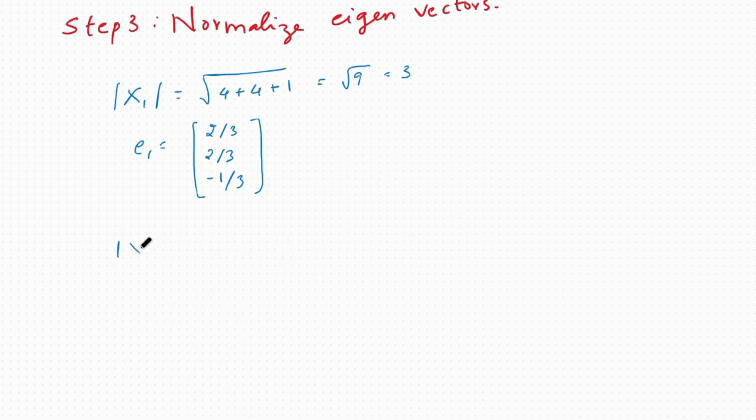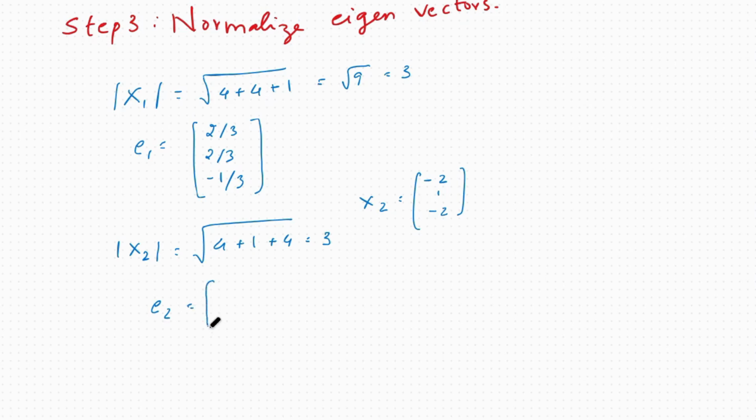Second eigenvector can be found in the same way. Second eigenvector values are x2 is equal to minus 2, 1, minus 2. So minus 2 whole square is 4 plus 1 square is 1 plus minus 2 whole square is 4. Again we get 3. And now the second eigenvector is equal to minus 2 by 3, 1 by 3, minus 2 by 3.